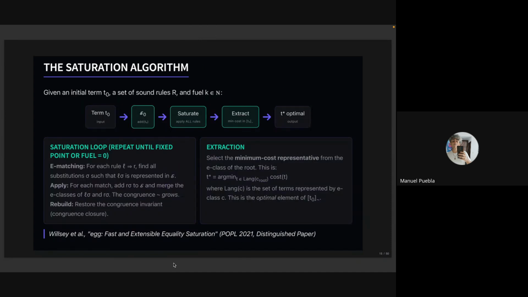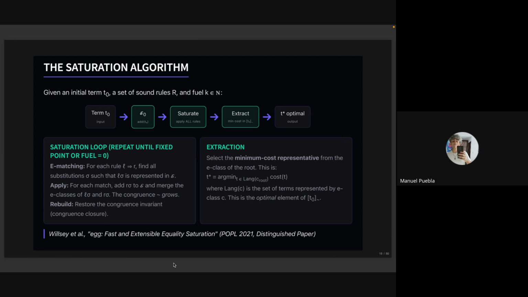The saturation algorithm says you take an input term T0, construct an e-graph, add that term, and start to saturate. By substitutions, you start saturating the classes, and you keep all the rewritings that are sound, that are compatible with the evaluations.